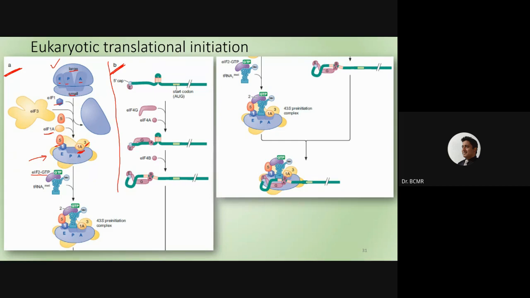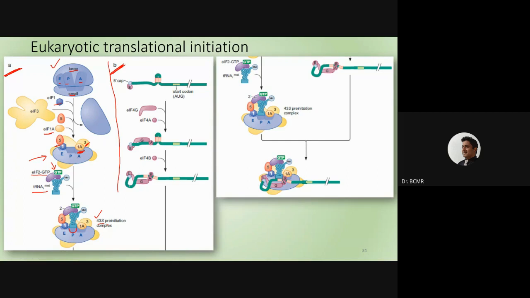So when it is bound to GTP, it has a different conformation, and it binds to the initiator tRNA, and then it facilitates the binding of the initiator tRNA at the P site. Okay, that is the preparation of the ribosomal small subunit. You call that the 43S pre-initiation complex.